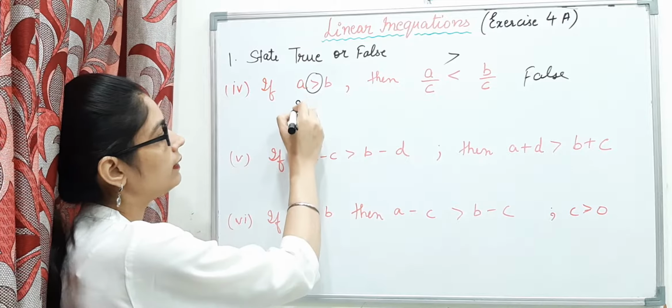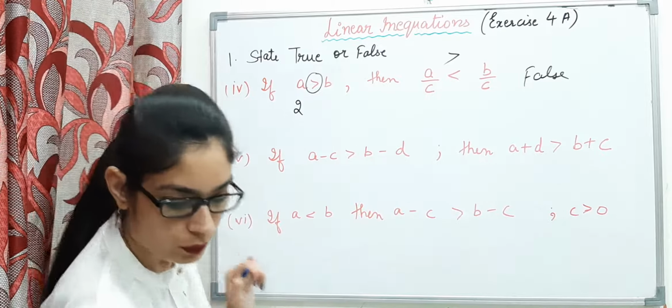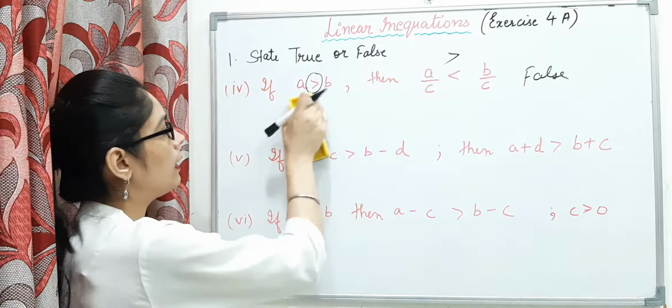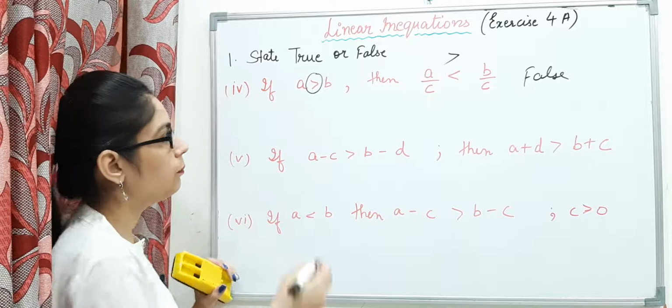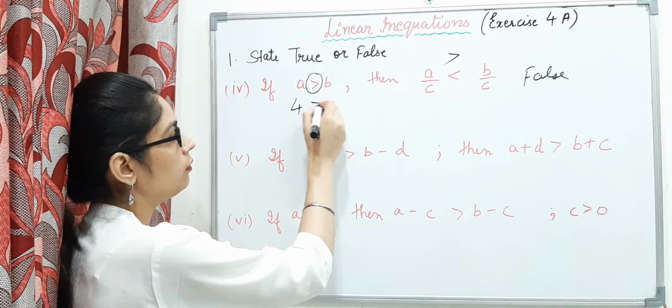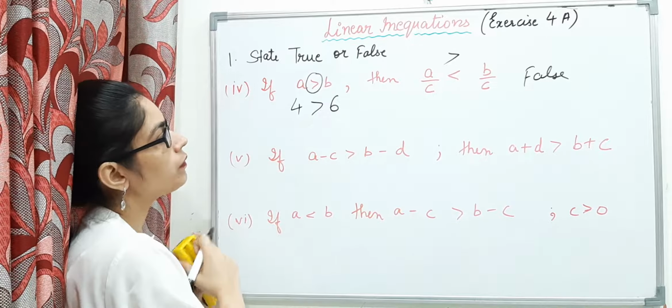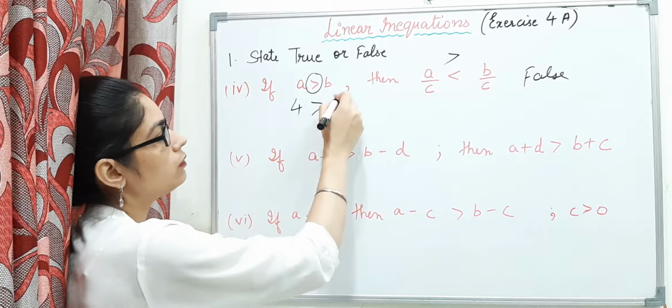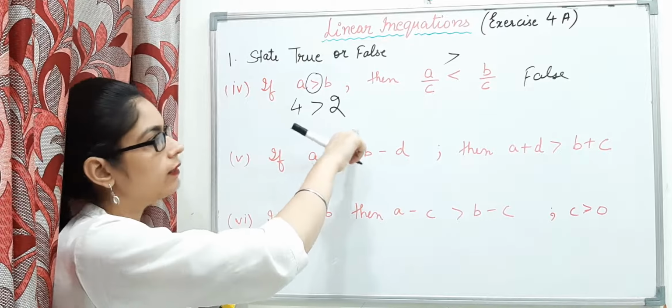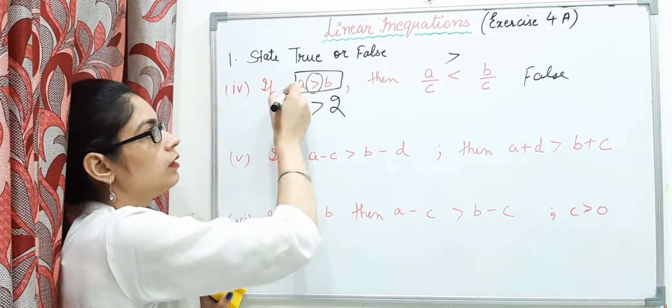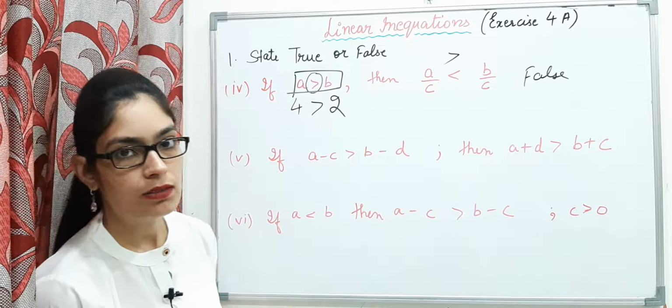Say I assume A, because A is greater than B, so I will assume A as 4 and B as 2. We know 4 is greater than 2. So according to this inequation we have to assume the numbers.